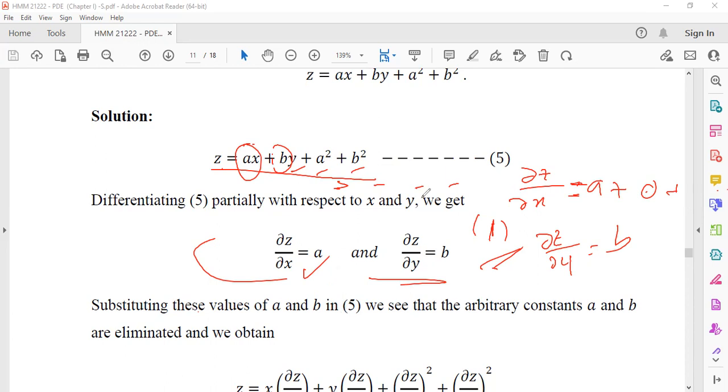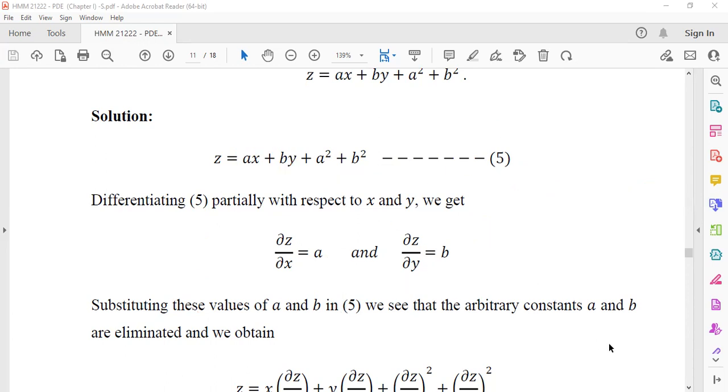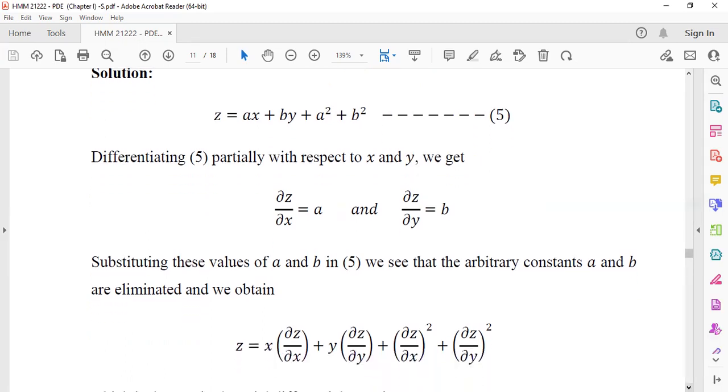See, very easy answers. Our equation is having a and b. If you know a and b, you can substitute and find the answer. In this equation, we need to take out a and b. We have found a is this one, b is this one. Maybe this is p, this is q.